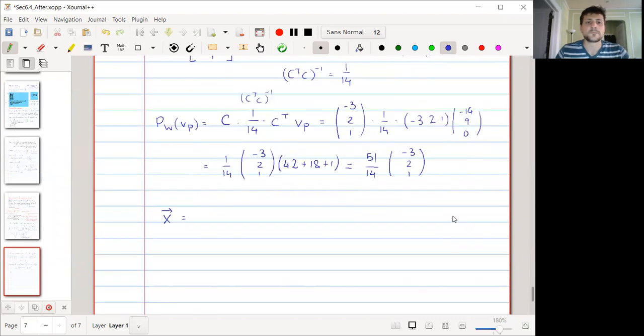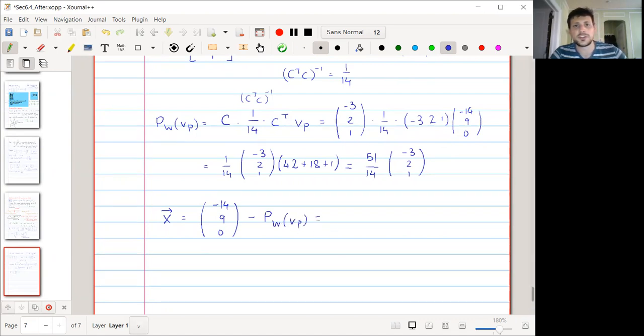Okay. So our vector x at the end will be the vector v particular, the solution given by that, and we will subtract this projection of Vp onto the null space.